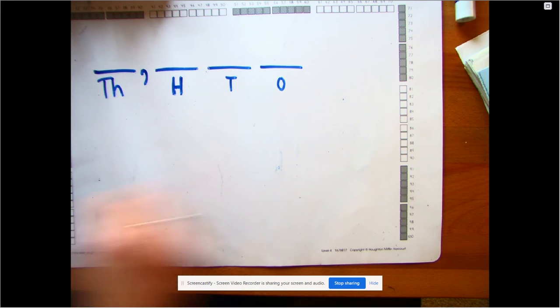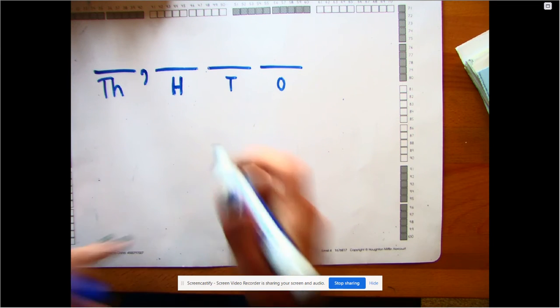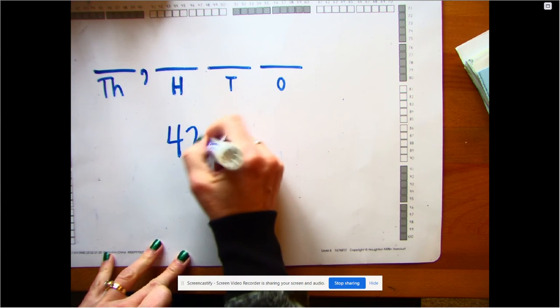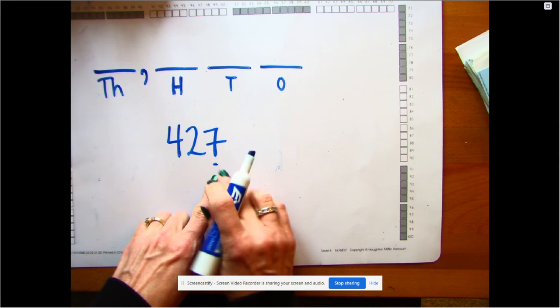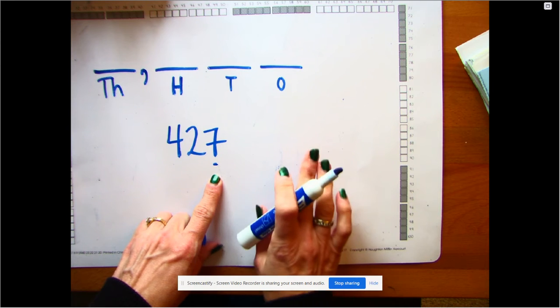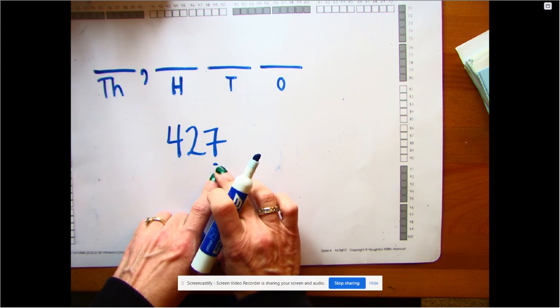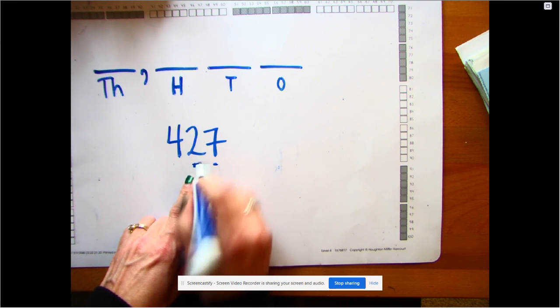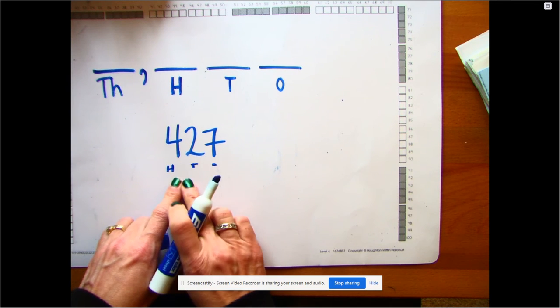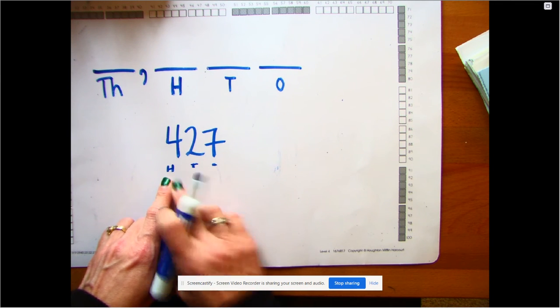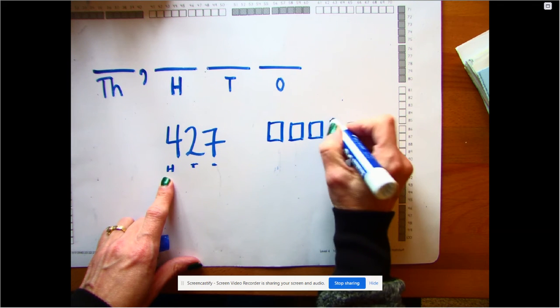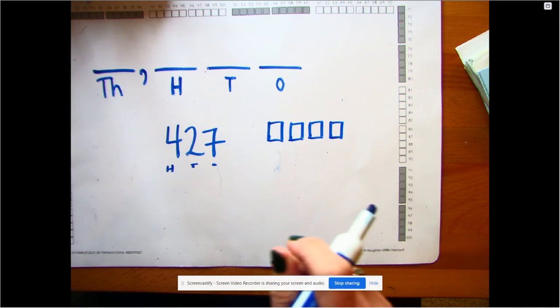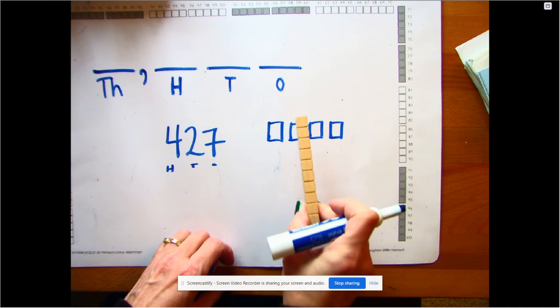So for example, if I had the number 427, my very first digit all the way over to the edge to the right, those are my ones. These are my tens. These would be my hundreds. So there are 4 hundreds, which would be 4 boxes, and we know that they're boxes because we've got 10 sticks.